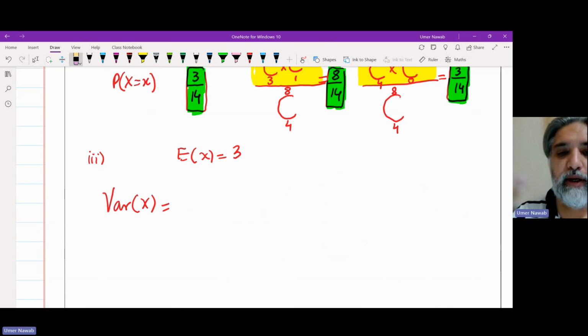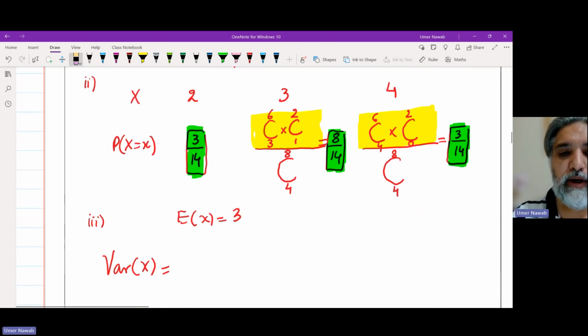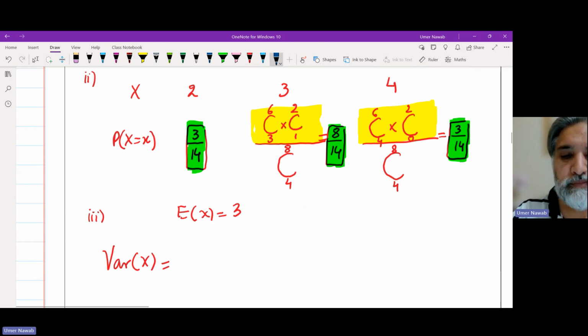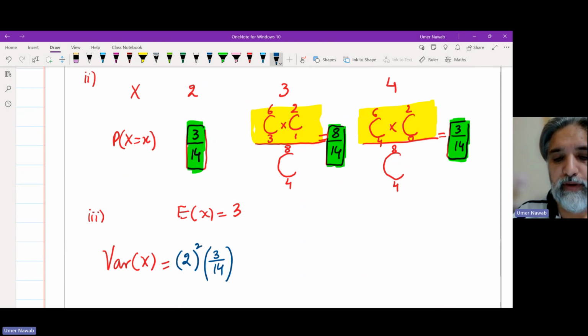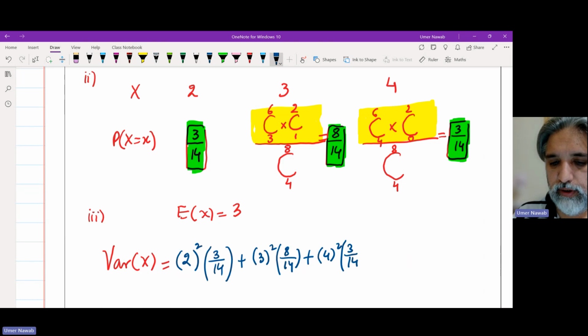Now I will look at my x1. My x1 is 2. And my corresponding probability is 3/14. Did you see? I did not take the square. So square of the random variable multiplied with the corresponding probability plus square of the random variable multiplied with the corresponding probability plus 4 squared 3/14.